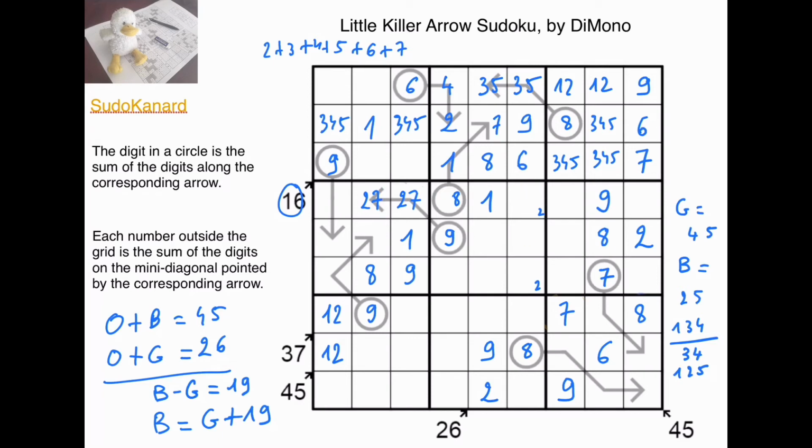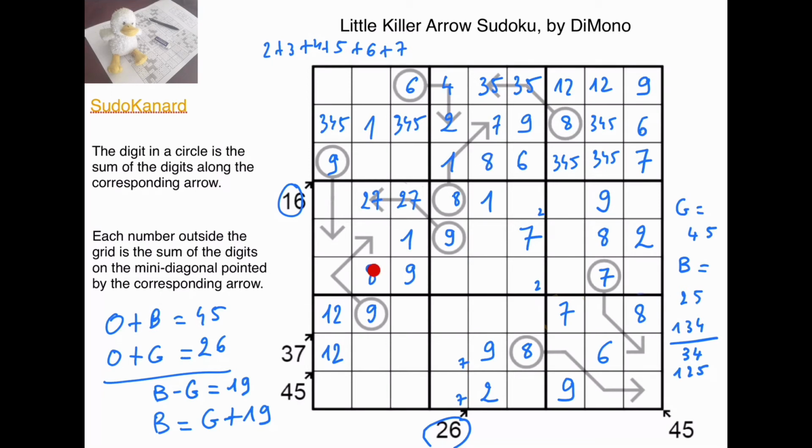Oh, there's a 7 here. There's a 7 in one of those 2 cells. This 26 is fulfilled. And this 37 will be fulfilled once we put a 1 and a 2 here.